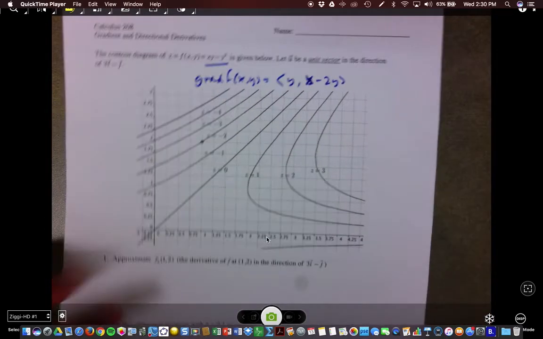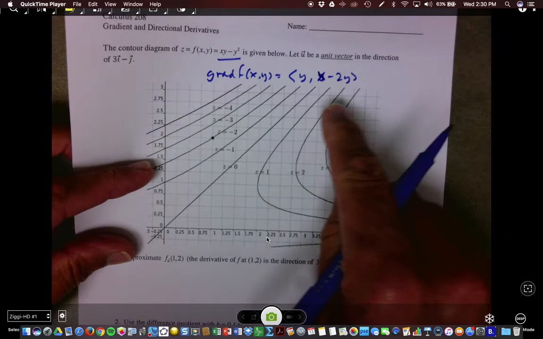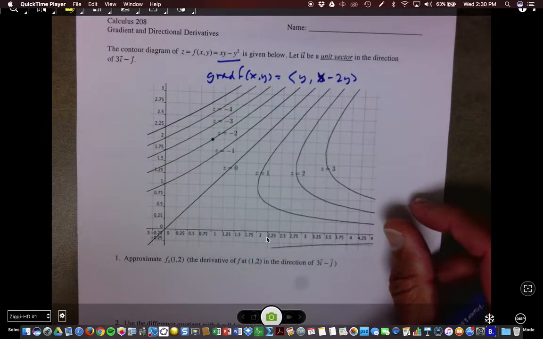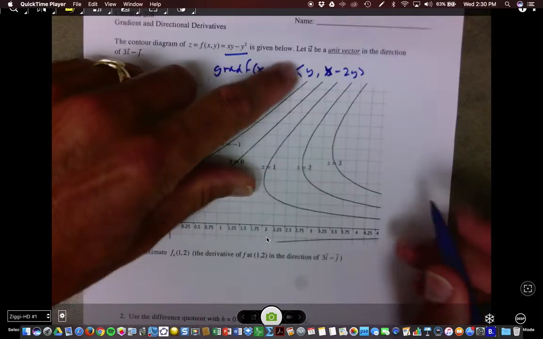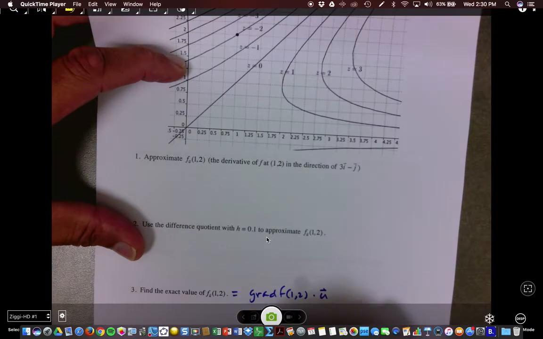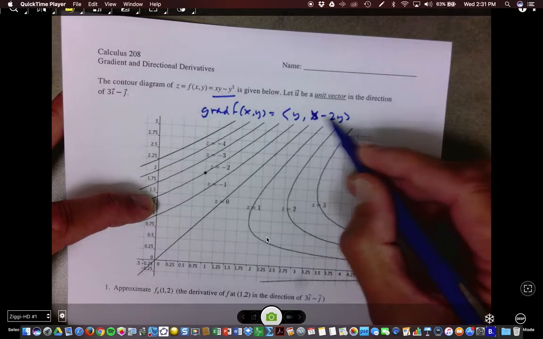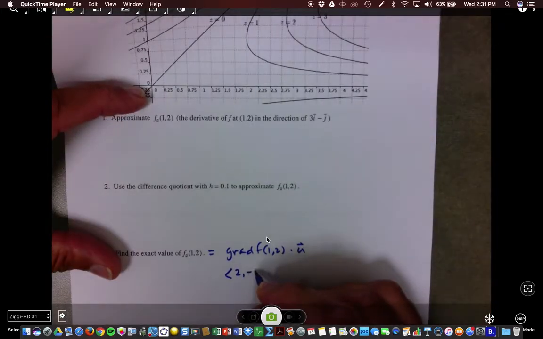All right, so I want to find the gradient at (1, 2), so I'm going to plug 1 and 2 into here. When I do that, y is equal to 2 and x is equal to 1, so this would be 1 minus 4, that's going to give me negative 3.